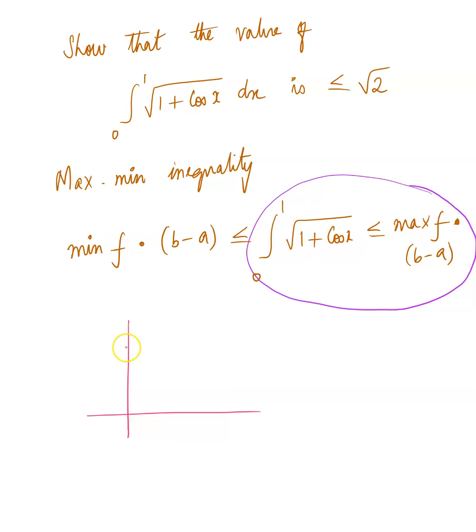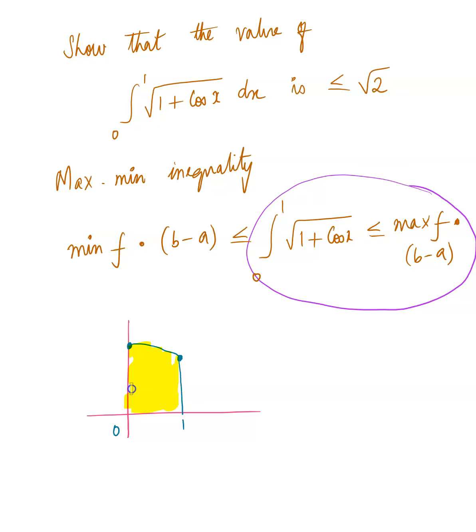I just like to look at the graph. Let me just show you. The graph actually goes like this. But then we're only focusing on this interval 0 to 1. So what is the area here, right? That is what we're interested in.